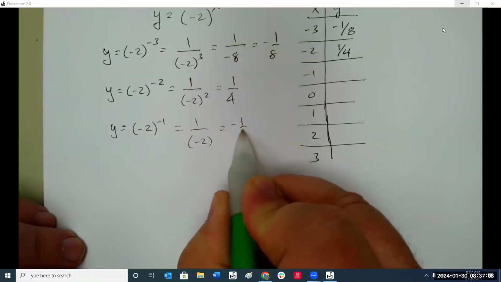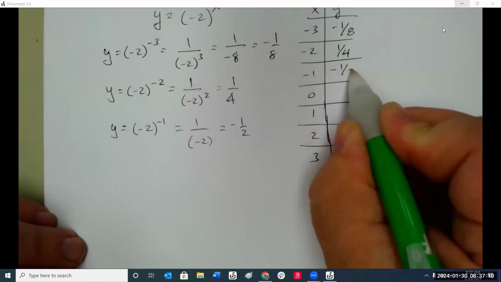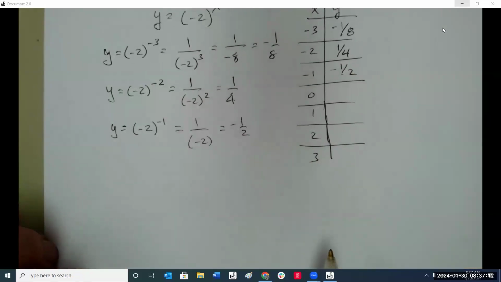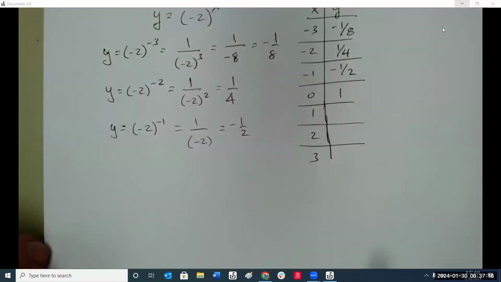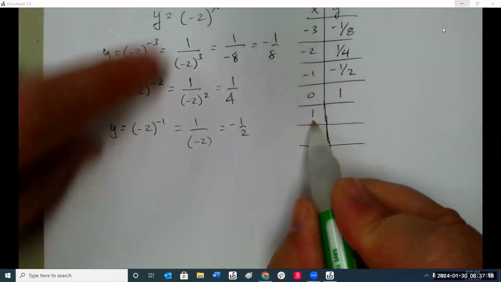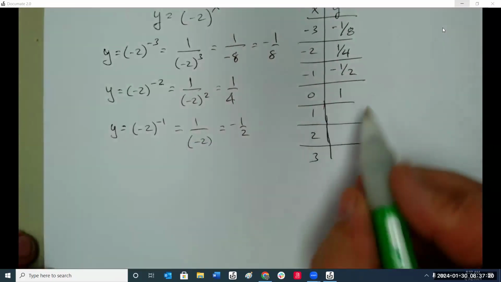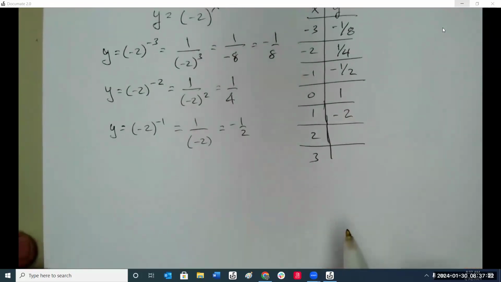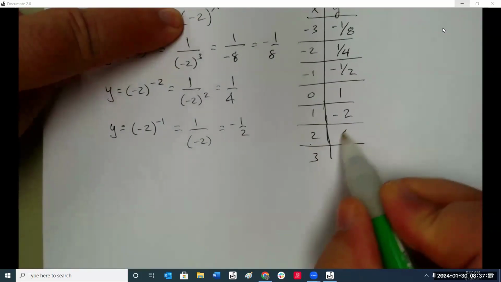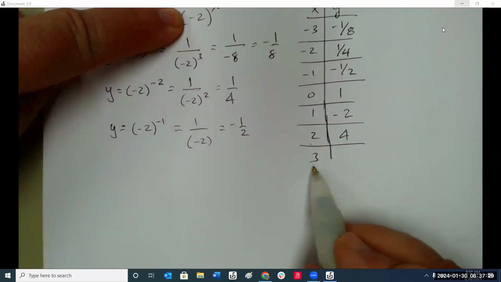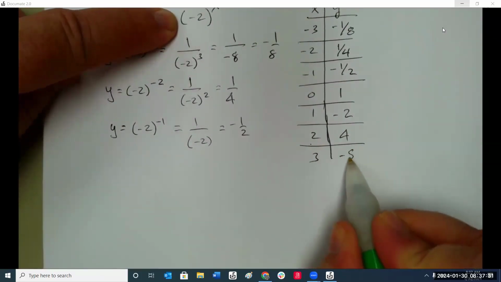Which is 1/4. At -1, it's -1/2. -2 to the 0 is 1. -2 to the first power is -2. -2 to the second power is 4. -2 to the third power is -8.